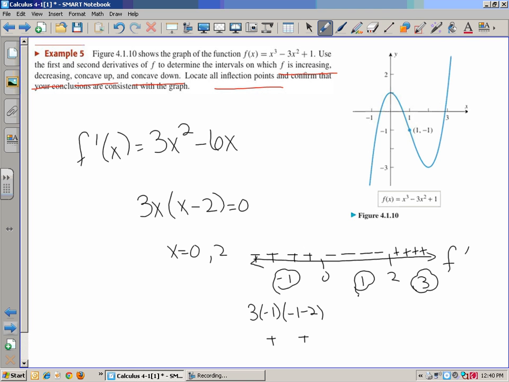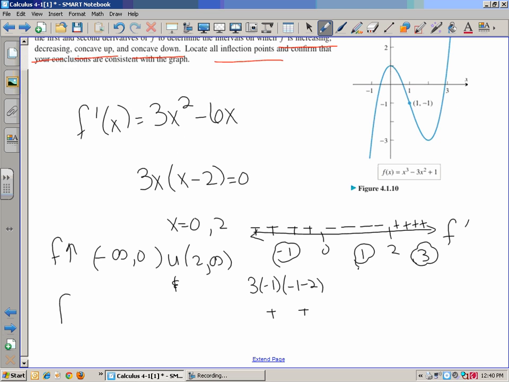Okay, so now I can say I'm increasing from -infinity to 0 and 2 to infinity. This is my union sign. Or I could say and. Okay, f is decreasing from 0 to 2.